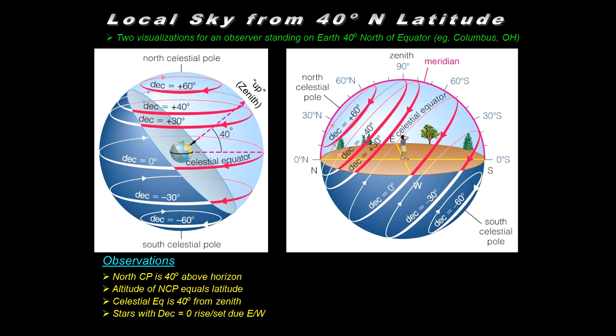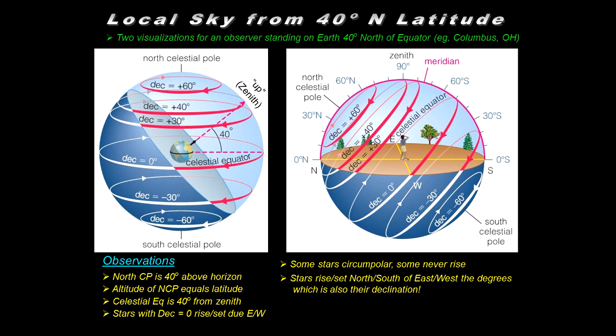Stars with a 0 degrees declination rise and set due east and west. Not as easy to see here, but, well, not too bad. But over in this view, here it is, 0 degrees declination, rises right off the east and sets directly west. Some stars are circumpolar, some never rise, just like before.